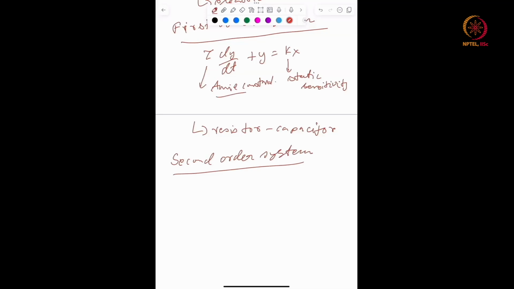Then there will be second order systems. So see here the time constant comes. The second order system is characterized by three parameters: d square y by dt square plus 2 zeta omega dy by dt plus omega square y equal to k x.